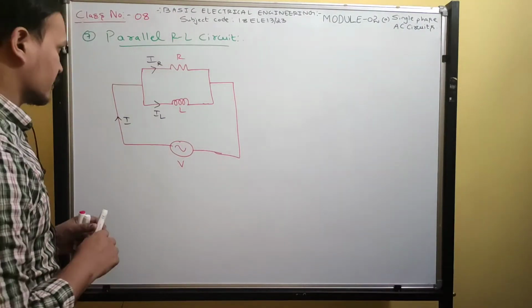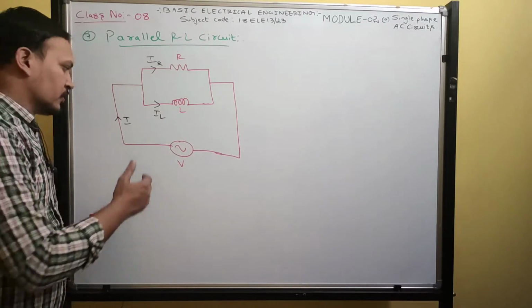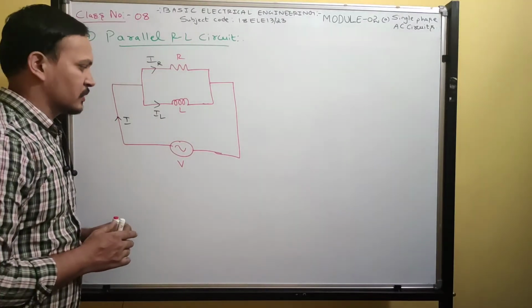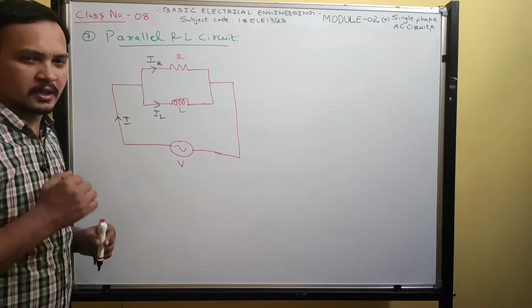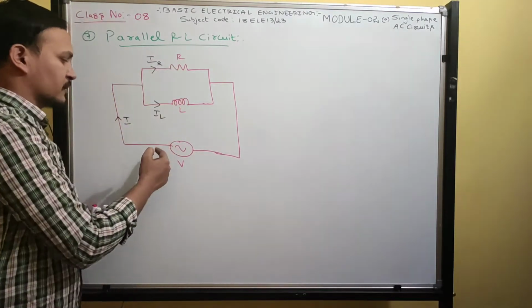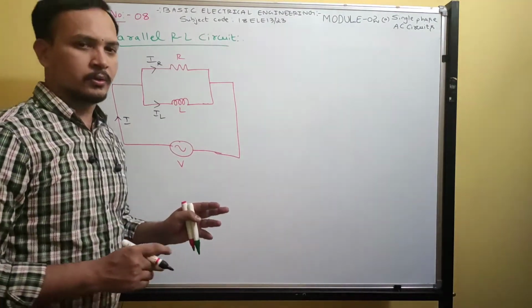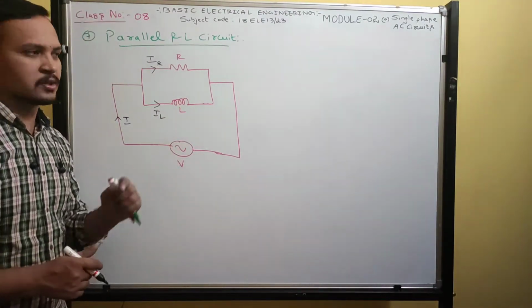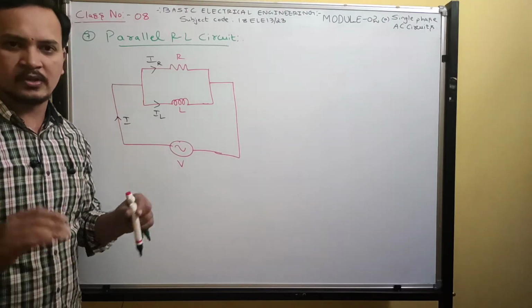This is our basic concept: in parallel, the voltage is the same, and the branch currents are added together to get the supply current. Don't study a detailed analysis of this. Knowing how to draw the phasor diagram is more than sufficient.